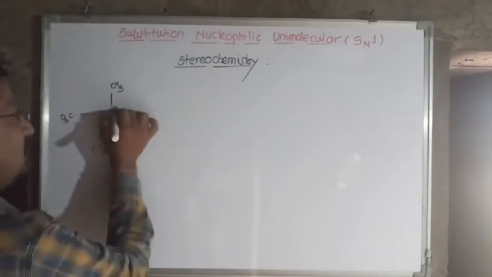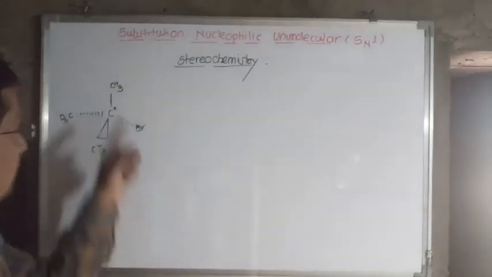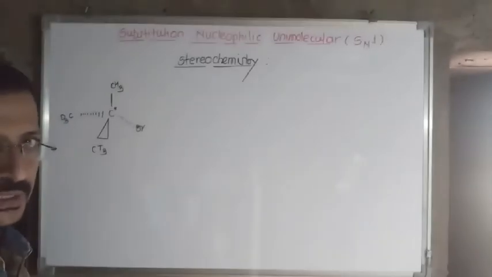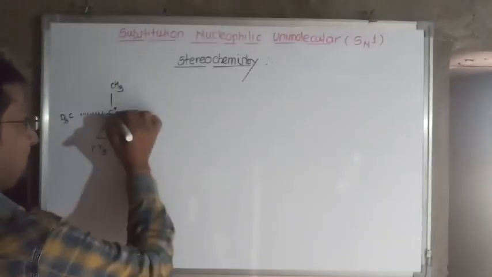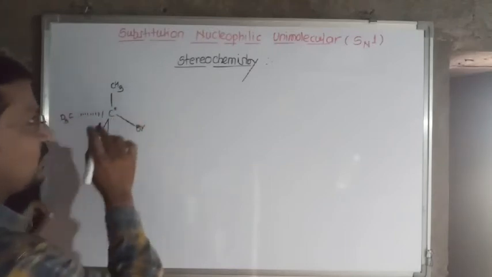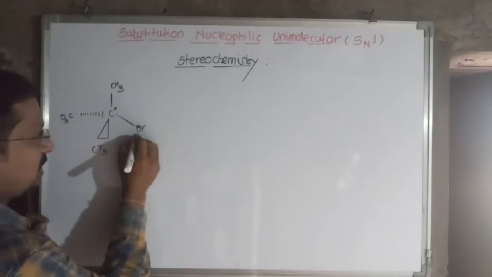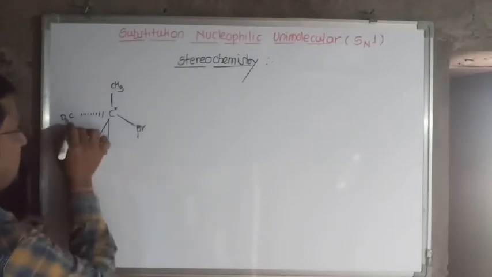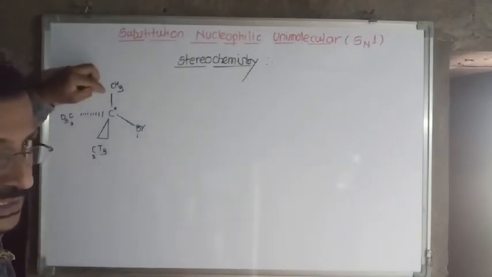The carbon is central and it is satisfied by four different atoms or groups: methyl, bromine, CT3 and CD3, that is, deuterium and tritium. Now if you observe the stereochemistry of this compound, this will be number 1, this will be number 2, this will be number 3, and methyl is at the back side.